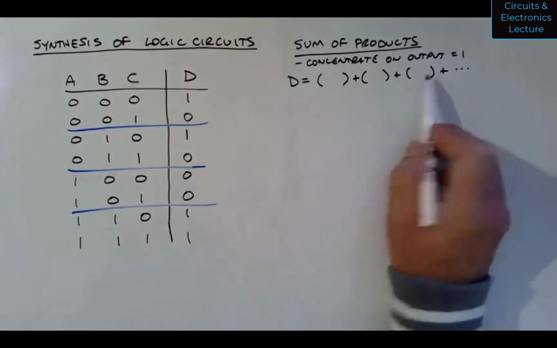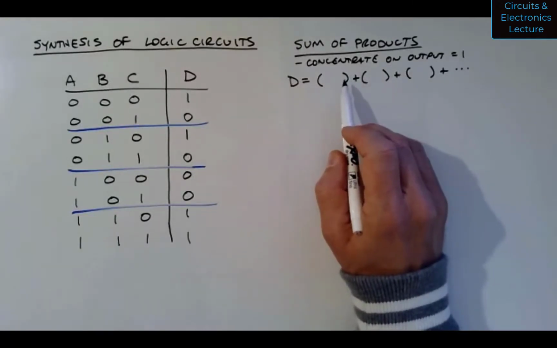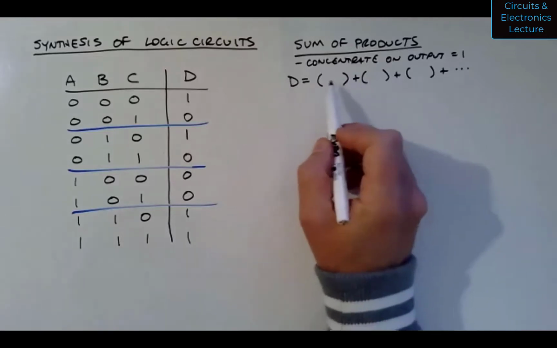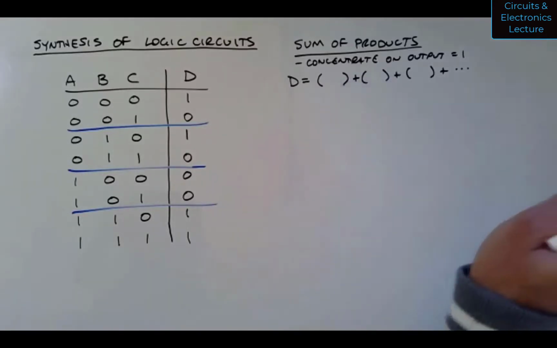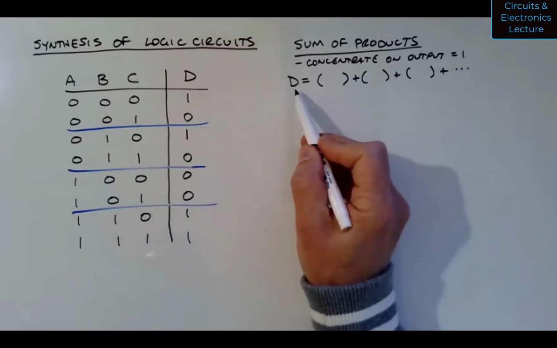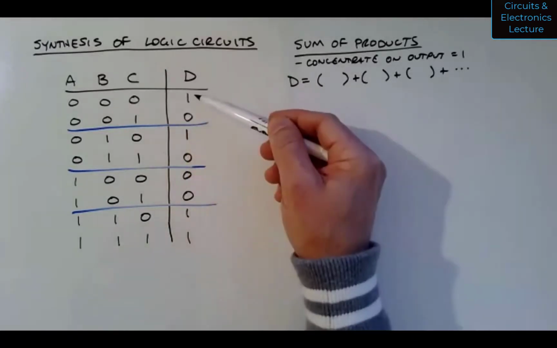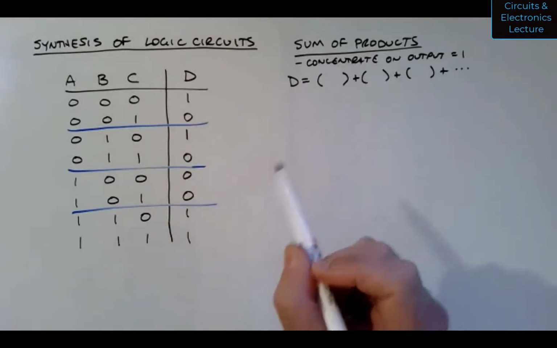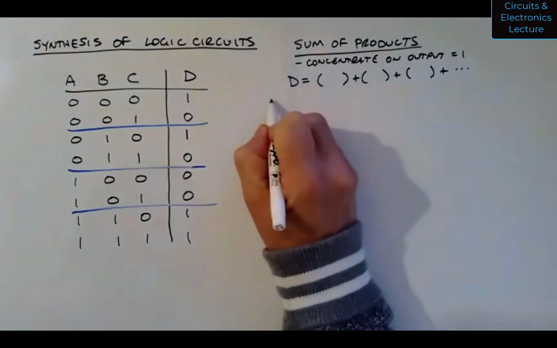Or you can create a multi-input OR gate with 2-input OR gates. But the point is that if any one of these terms becomes a 1, and the rest are 0, it doesn't matter, D is forced to be a 1. So I'm going to look for a way for each one of these rows for which the output is 1 to make a term that causes a 1 to happen. Okay, let's do that.